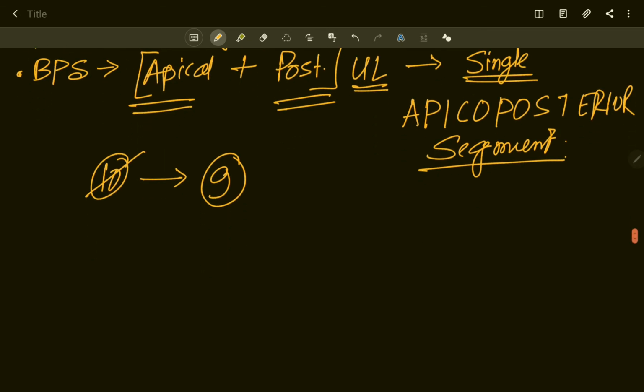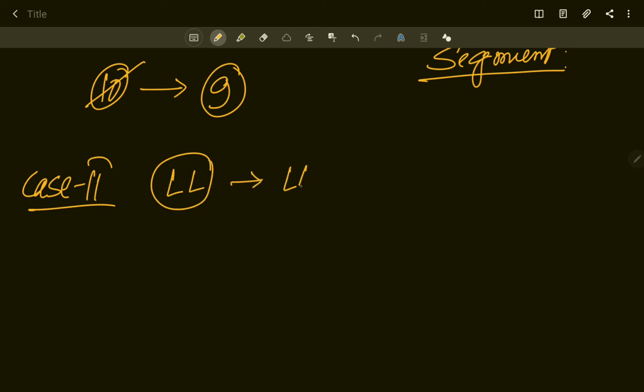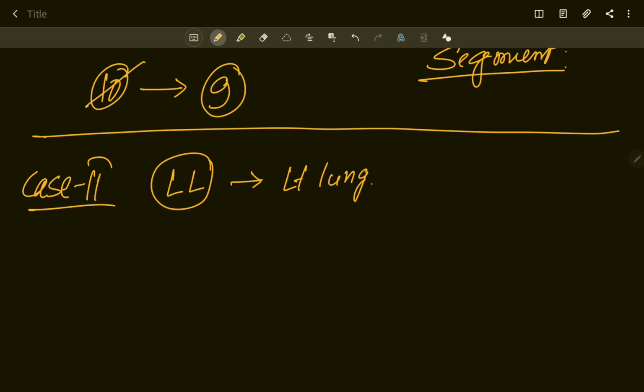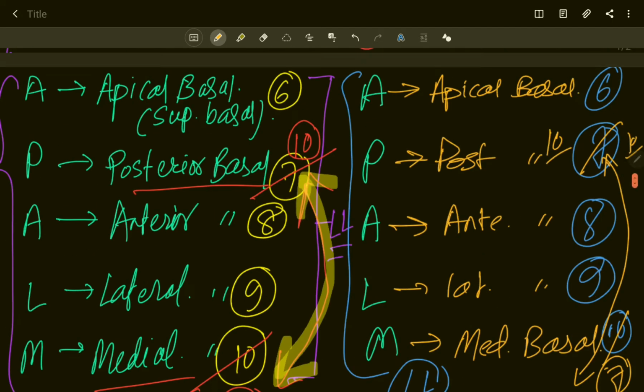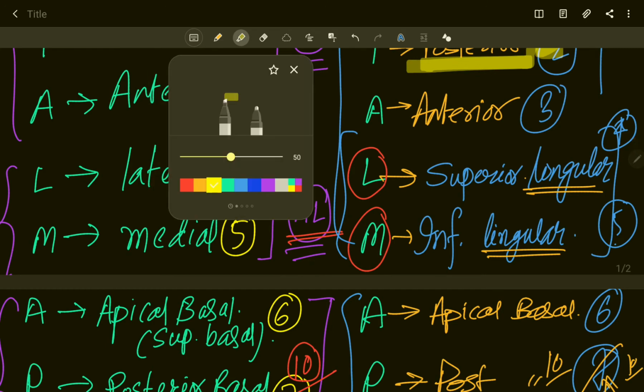Okay, now case 2. What happens in the case of the lower lobe of the left lung?